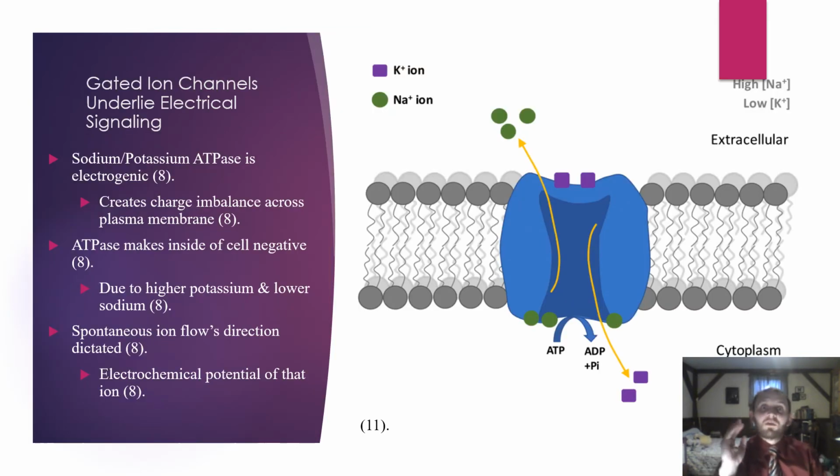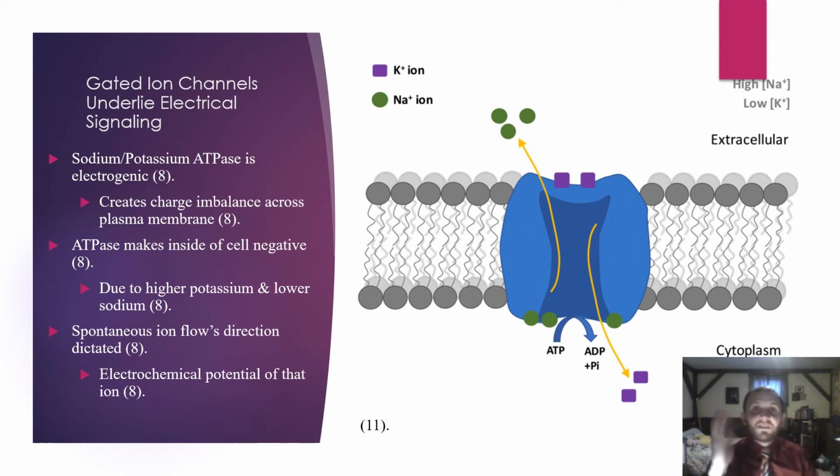Okay, so with that said, we're going to be talking about how gated ion channels underlie the electrical signals here. And this is a simple little process of how, in this picture, for example, you have sodium ions out and the potassium ions in. And this is all about the sodium-potassium ATPase, which, by the way, is electrogenic.